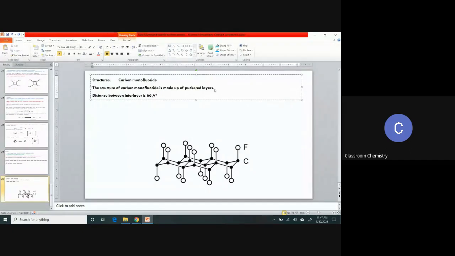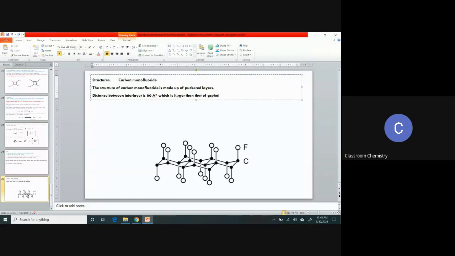Which is larger than that of graphite. All of you know the structure of graphite.